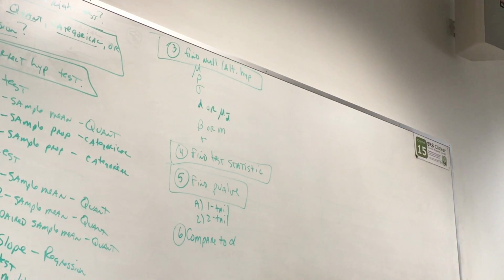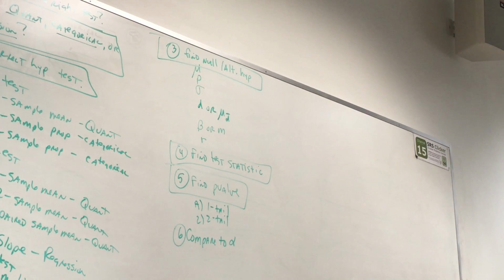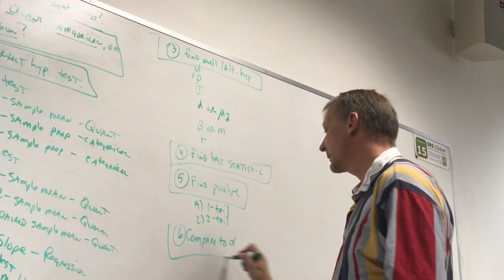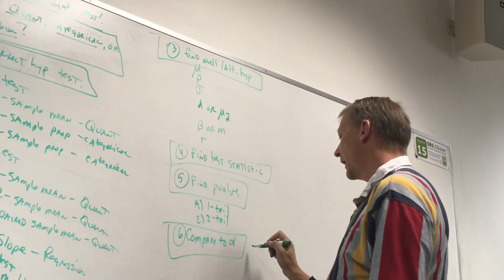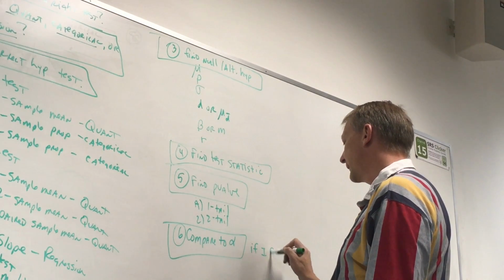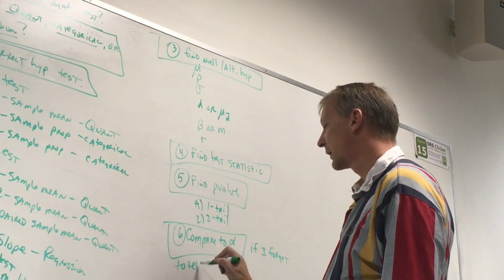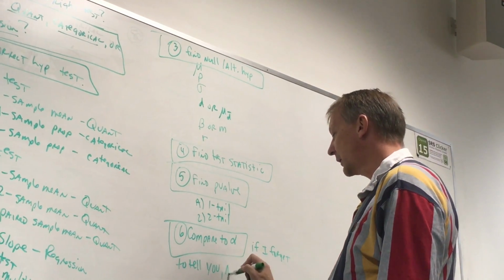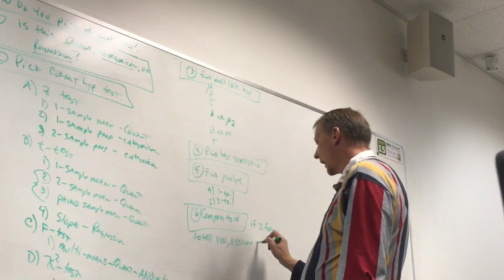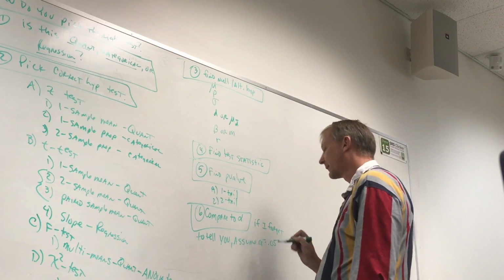Your alpha is your probability of a type 1 error. Now, here's what I'm going to say about this. If I forget to tell you, assume alpha equals 0.05.